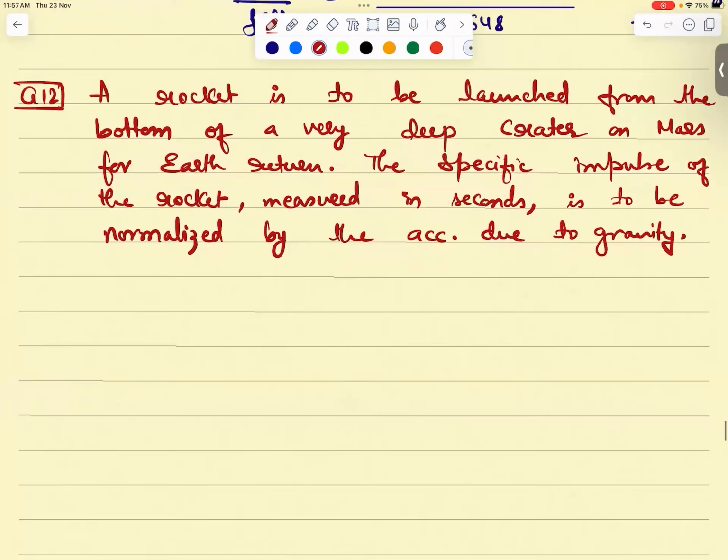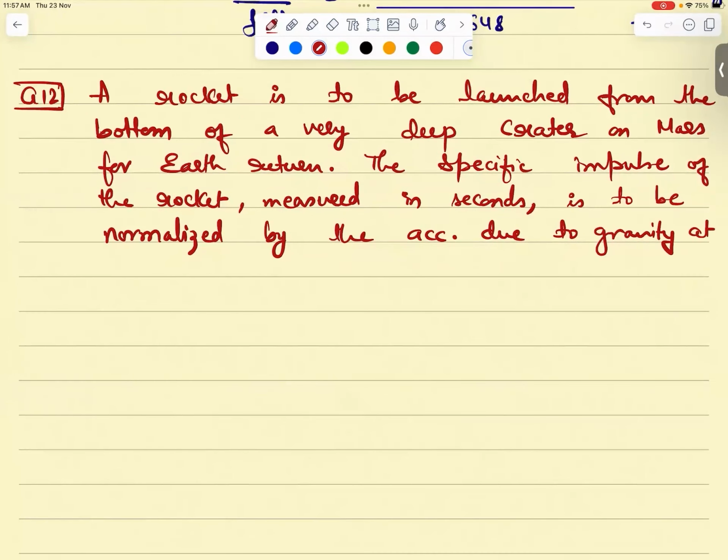Full stop. Gravity at option A, the bottom of the crater on Mars.